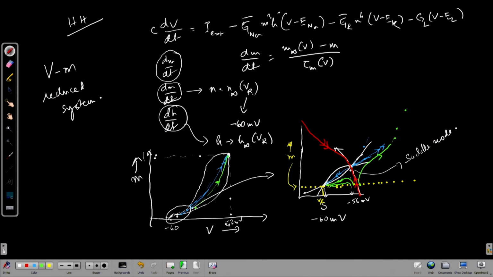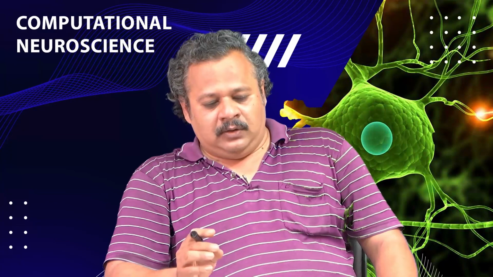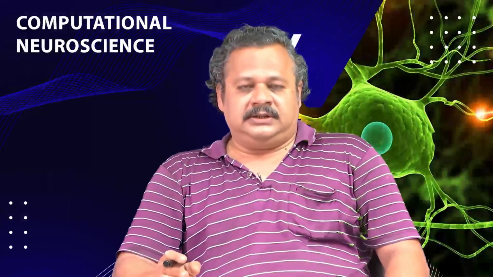If it is to the right of the stable manifold, above the threshold, it will produce an action potential. With this we conclude the ideas of threshold, and next we will be talking about oscillations and mainly about limit cycle behavior. Thank you.